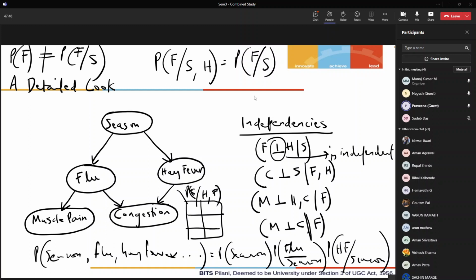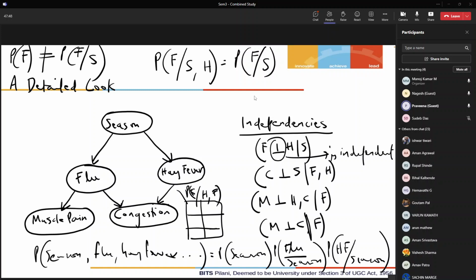Now since we know the graph, for this set we have one, and for this side we don't have an influence of this. So we have reduced the number of values which we would have had to calculate.